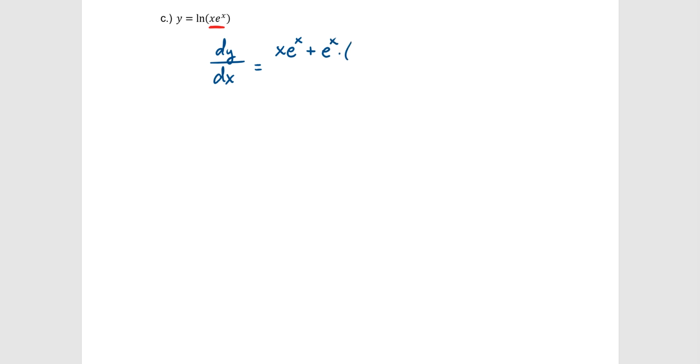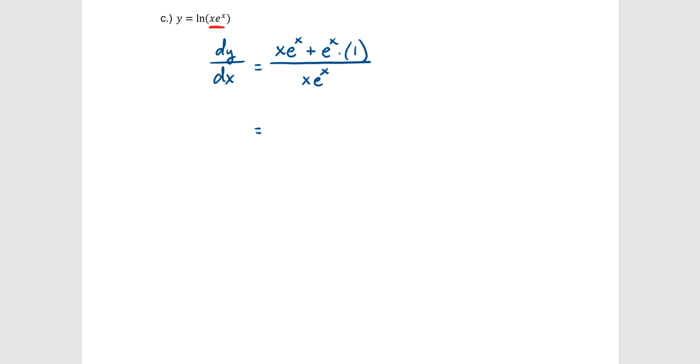second times the derivative of the first. Derivative of x is 1. And that's the product rule. And now we put that over the little function itself, x e to the x. And now we can just clean this up a little bit.